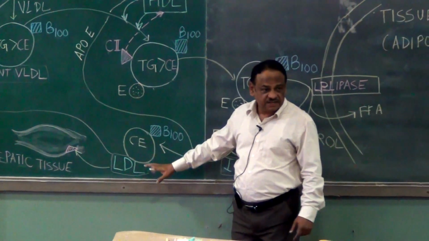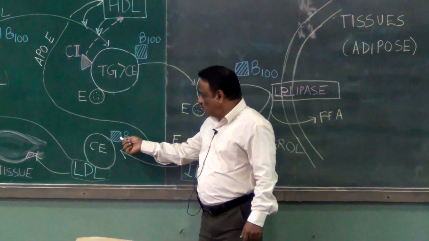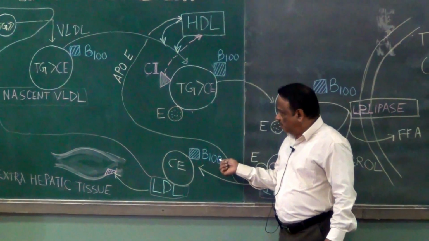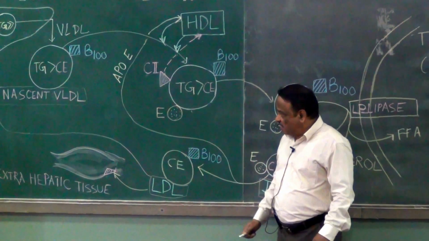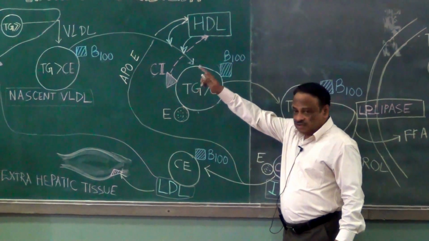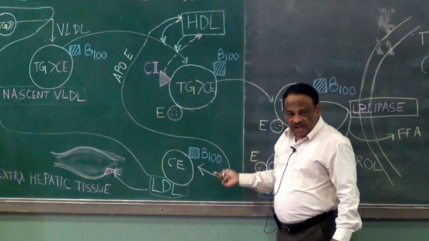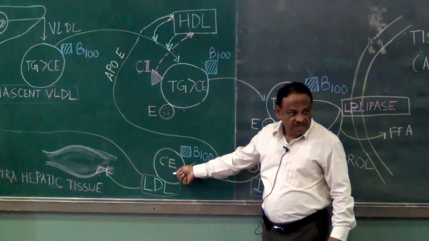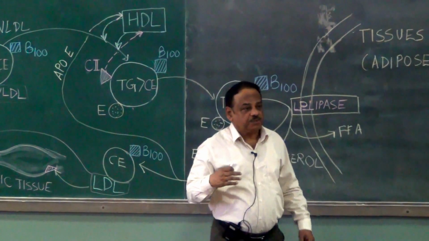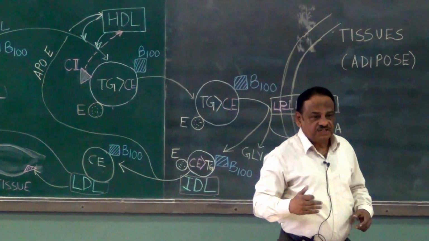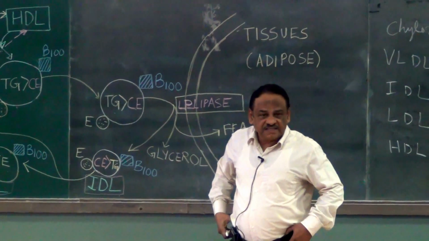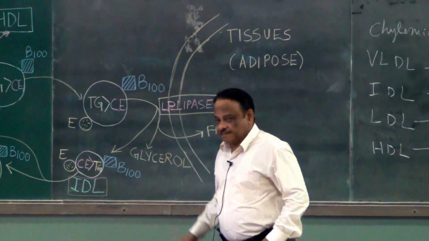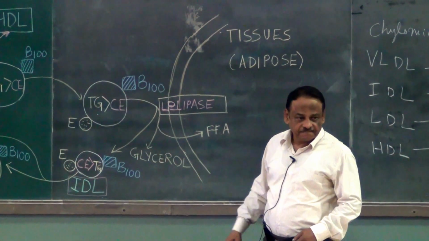It has only ApoB100. So from VLDL via the IDL, LDL has been produced. This is because of the action of lipoprotein lipase, which removes the free fatty acids from the TAG.